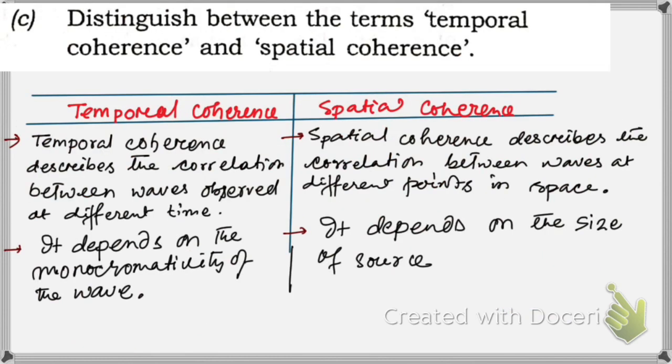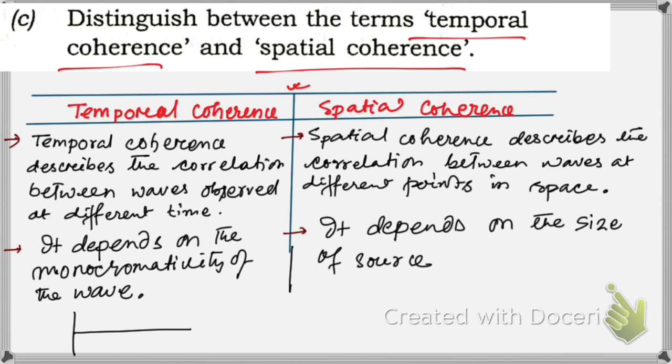Here, temporal coherence and spatial coherence, we need to write the differences. So what is temporal coherence? Suppose this is a single wave, and it is coherent up to a certain time interval, then the phase changes, and again it is coherent in another time interval.